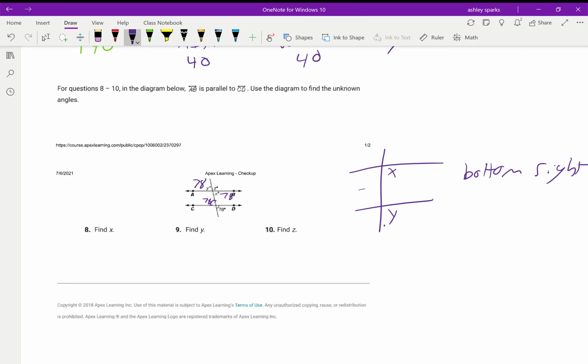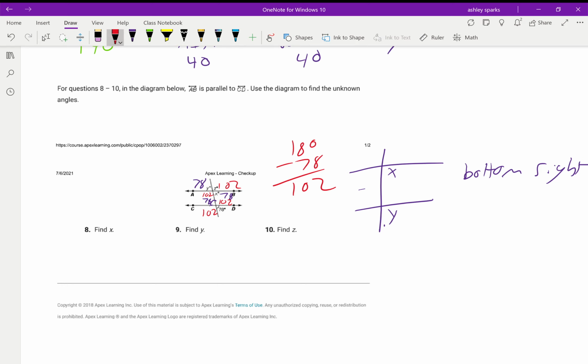Okay? And then I can go through and do my 180 minus 78, 102. That should be all of my bigger spots. 102, 102. So it should be 4 and 4. If you have 5 and 3, you've done something wrong.